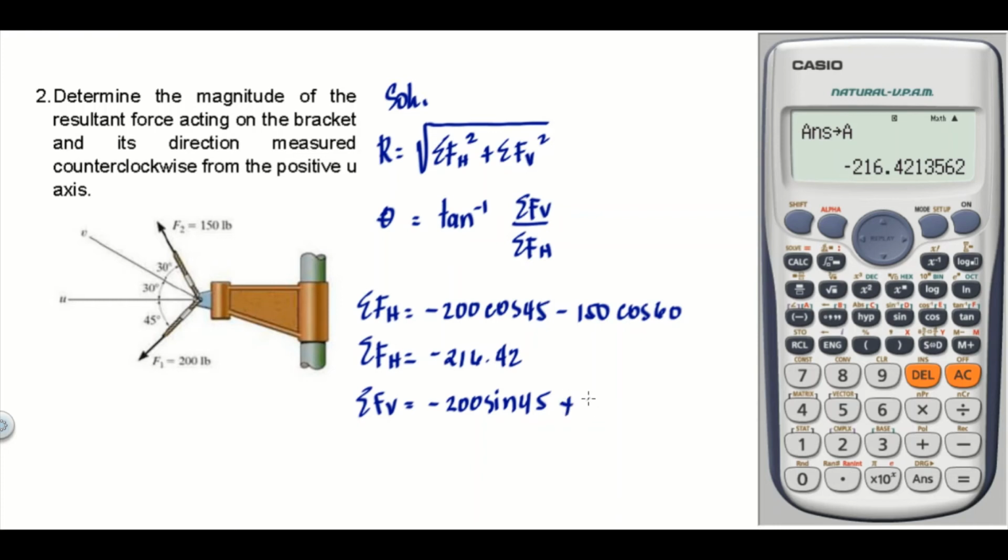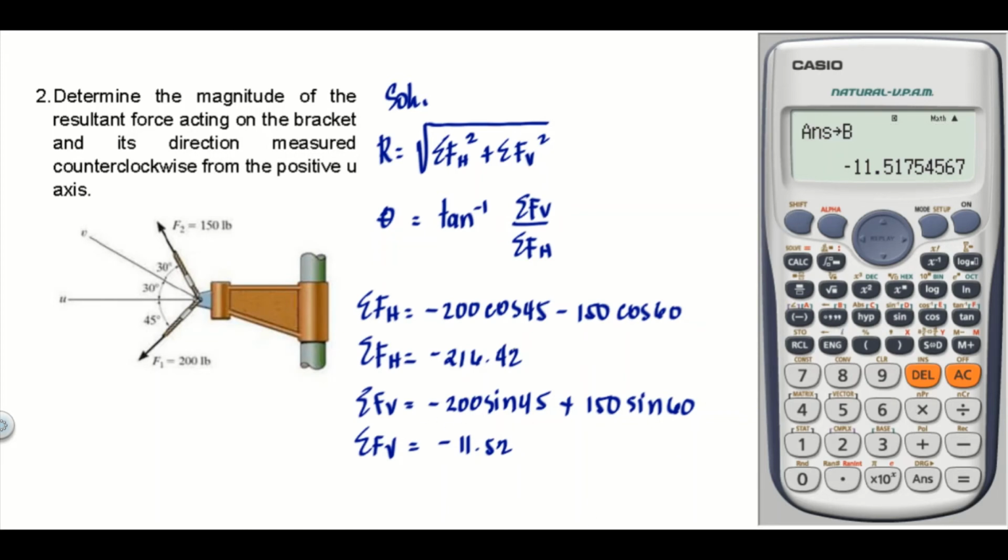Then, plus 150, okay, sine of 60 degrees. So, summation of forces vertical is equal to minus 200 sine of 45 plus 150 sine of 60 equals minus 11.52 pounds. Okay? Store sa B.